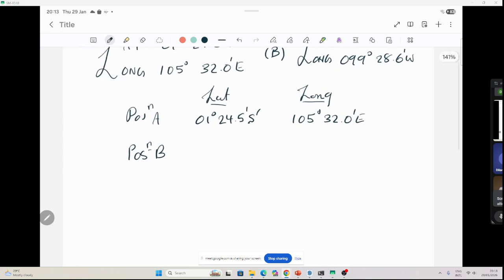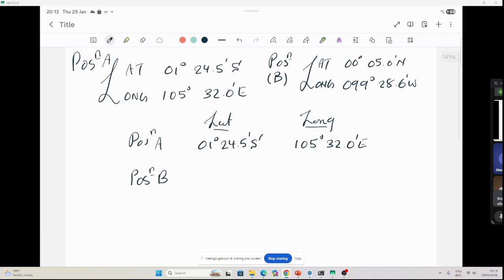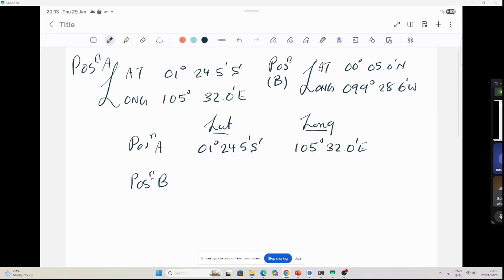Then position B is latitude 00 degrees 05.0 minutes north, and longitude is 099 degrees 28.6 minutes west. So 05, 00, 099. Okay.